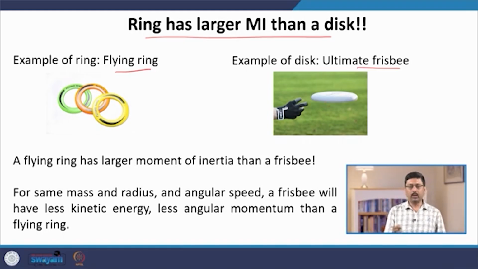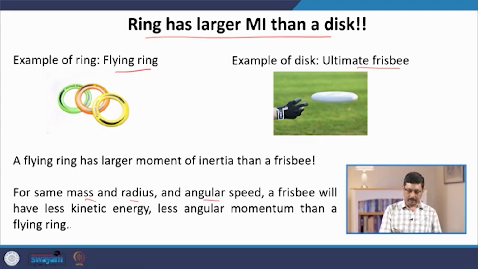So, what we find is that if you take the same mass and the same radius for a ring and this frisbee, then the moment of inertia of the ring will be higher compared to that of the frisbee. Now, we shall discuss in the next week that for the same mass, radius and also angular speed, the kinetic energy and the angular momentum will be proportional to the moment of inertia.